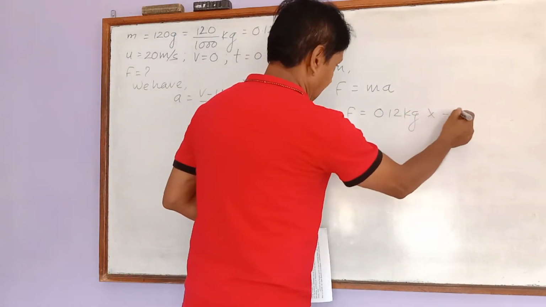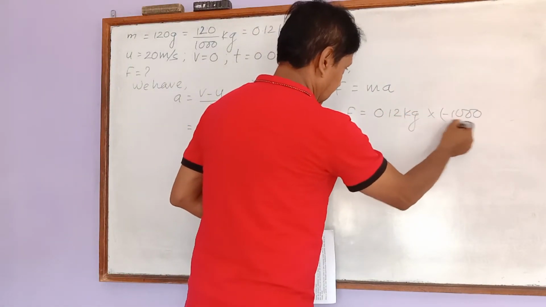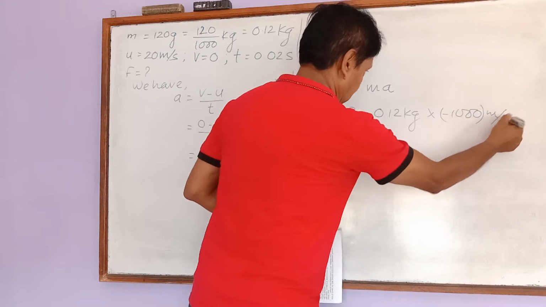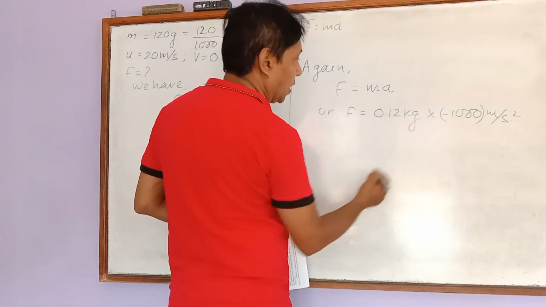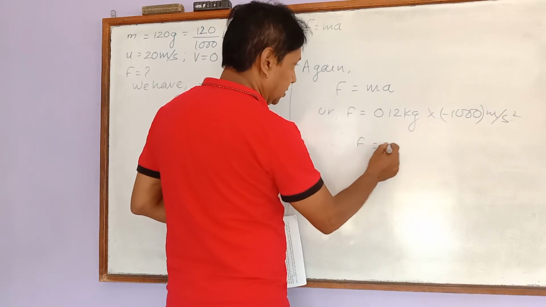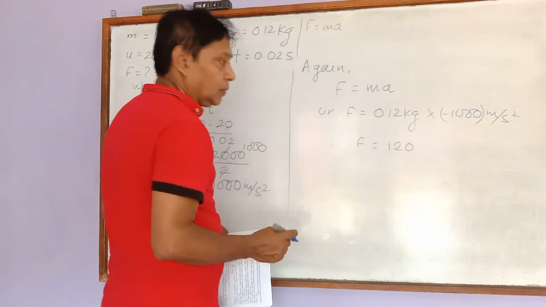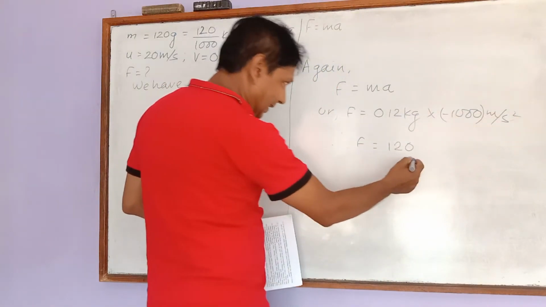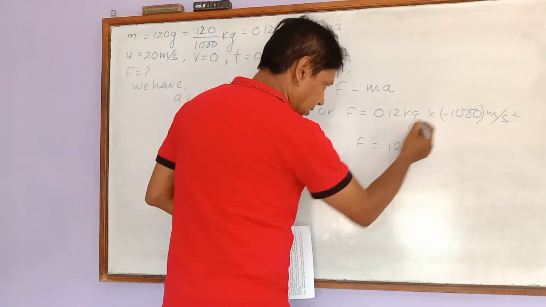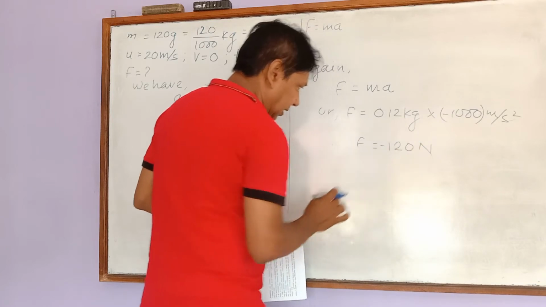This is equal to minus 1000 meter per second square. If we multiply this 0.12 with 1000, then what comes? 120. And this 120 kg meter per second square is Newton. And here is the negative sign. We have to take this negative sign.